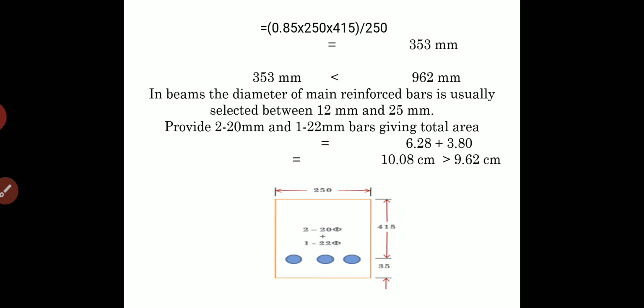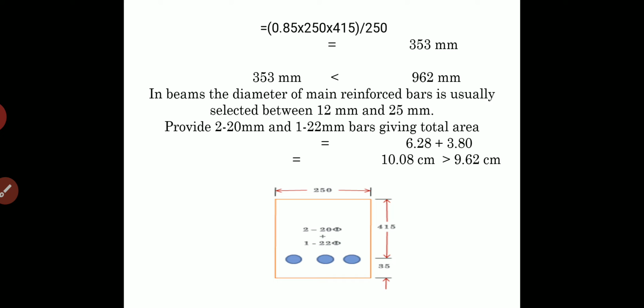So hence we can say in beams the diameter of the main reinforcement bar is usually selected between 12 mm to 25 mm. We provide two bars of 20 mm diameter and one bar of 22 mm diameter, giving total area 6.28 plus 3.80.